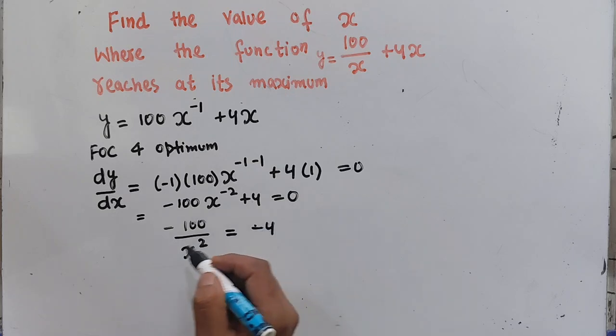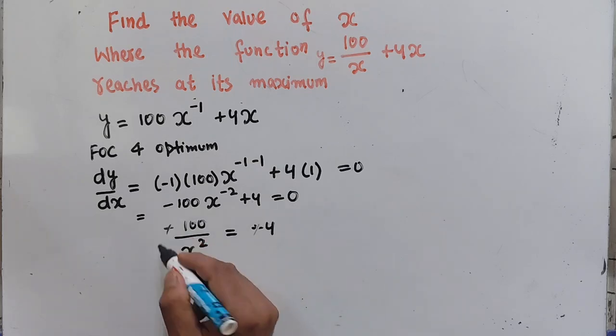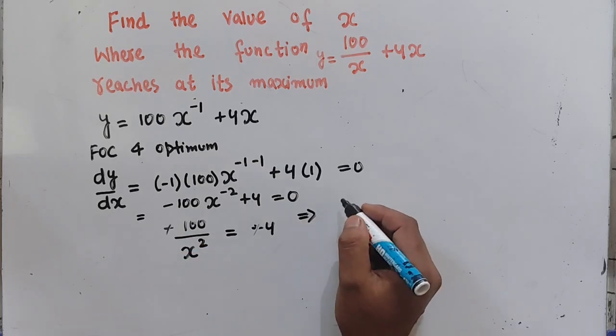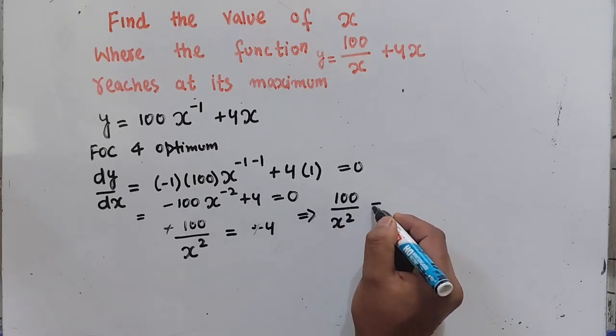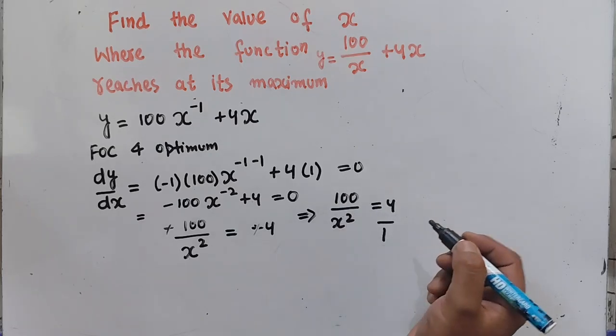Multiplying both sides by -1, we get rid of the negative sign from both sides. So we have 100 upon x square is equal to 4. Let us do the cross multiplication.